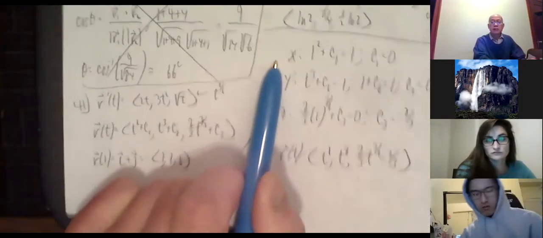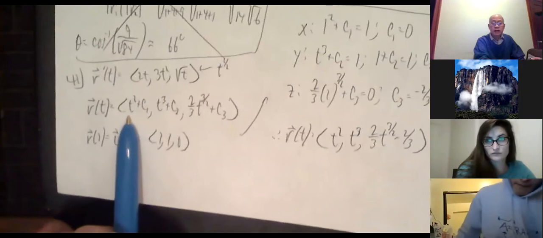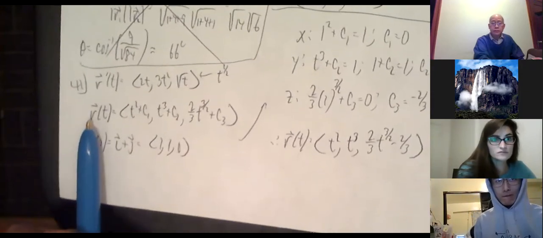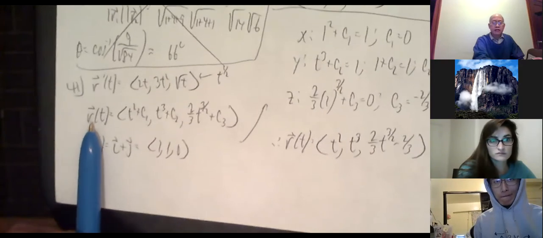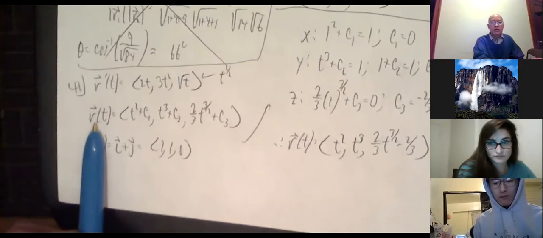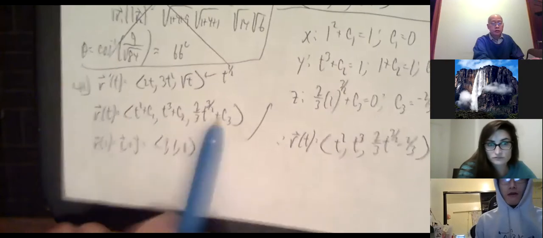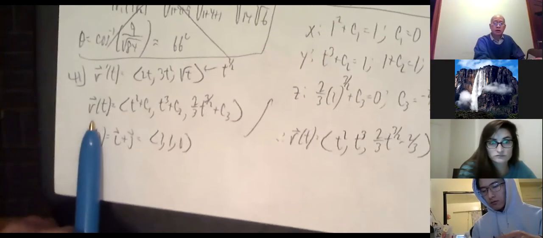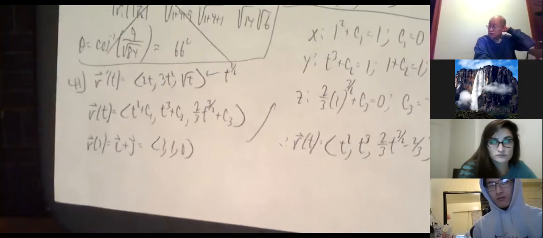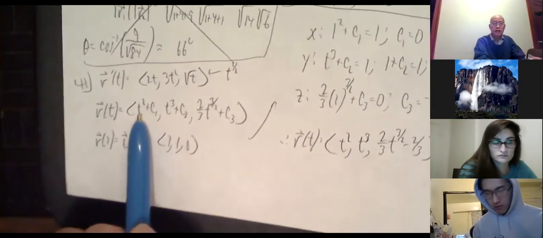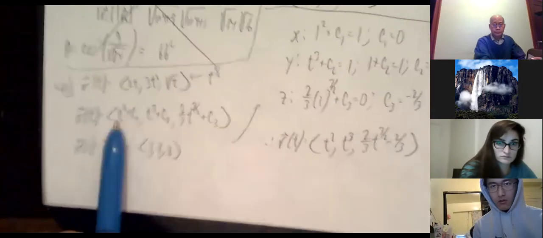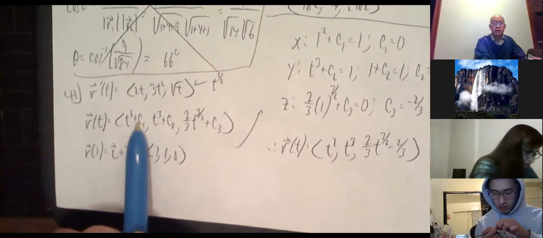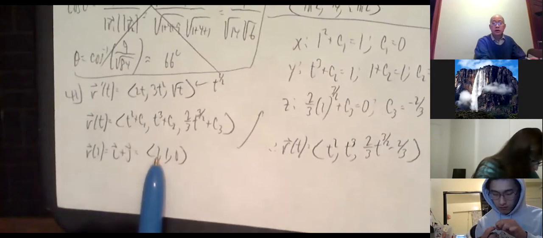The x component: plug in 1 right here. That's x, y, and z. r is a position vector. If I just say a general vector like v or a or b, the components do not have to be x, y, and z. But for the position vector labeled r, it always emanates from the origin, so the components are automatically x, y, and z. So r of 1, put 1, c1 is equal to 1.